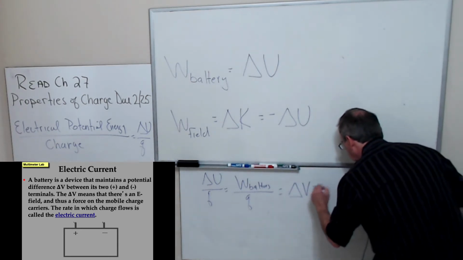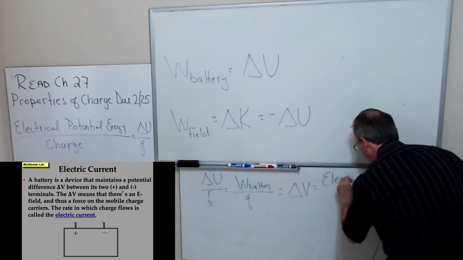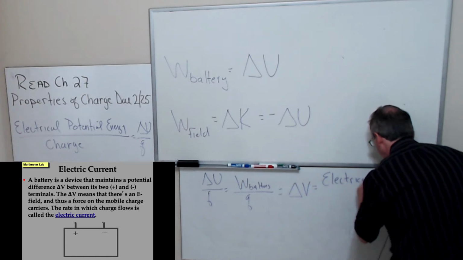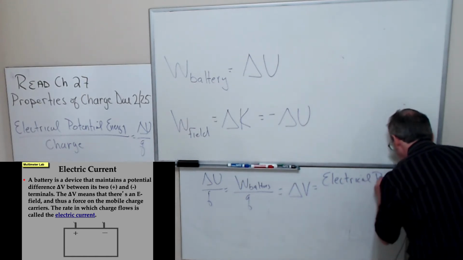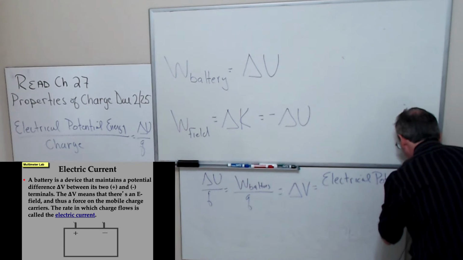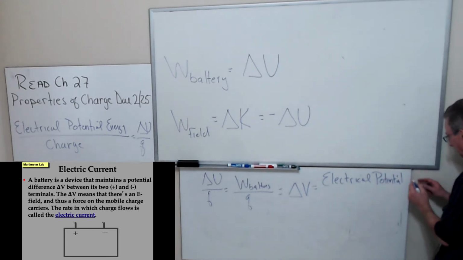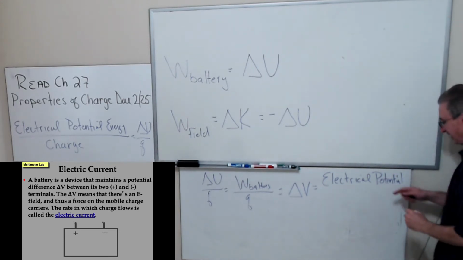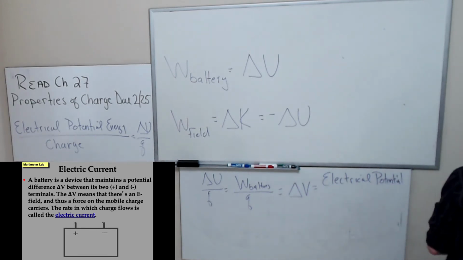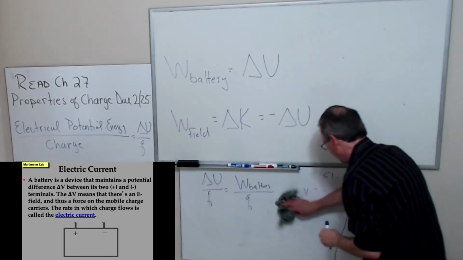It's called the electrical potential difference. I ran out of space here, so let me rewrite this.